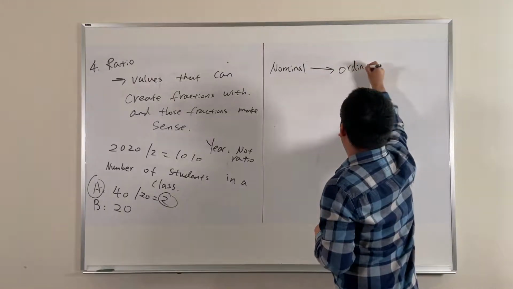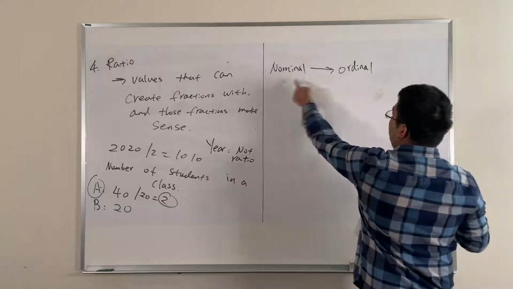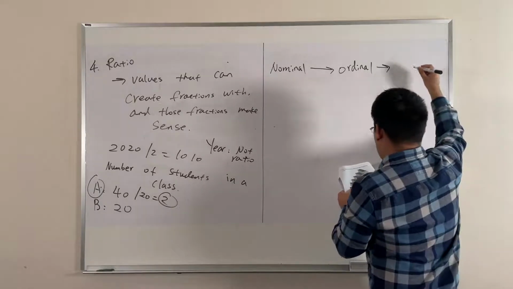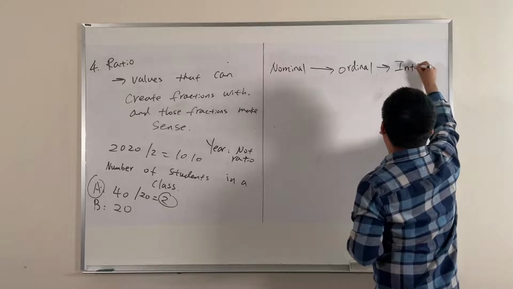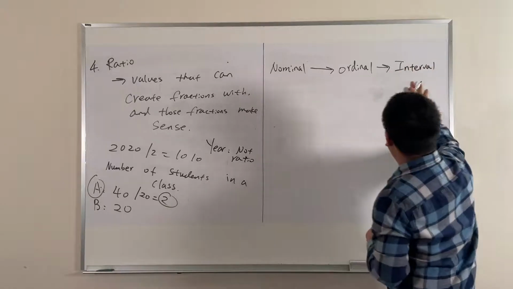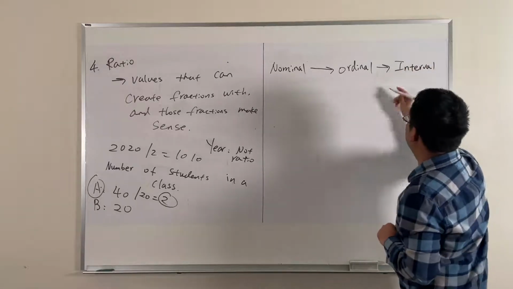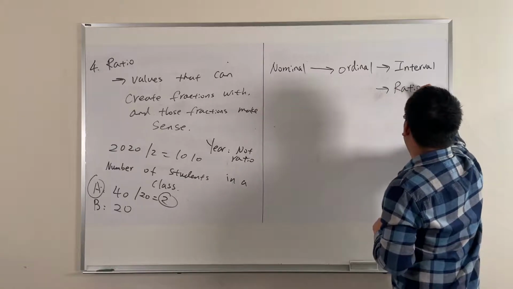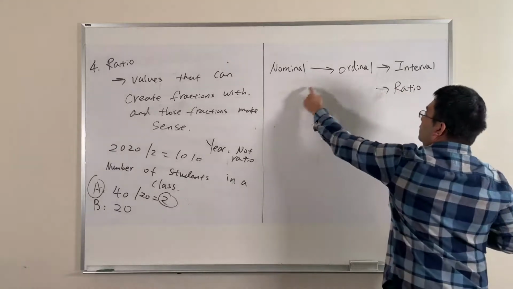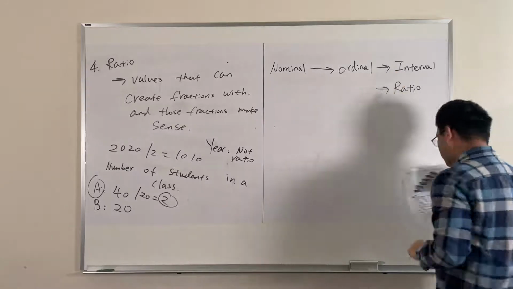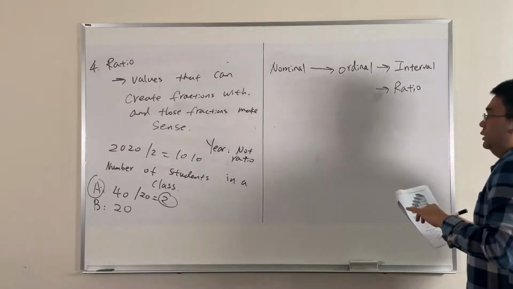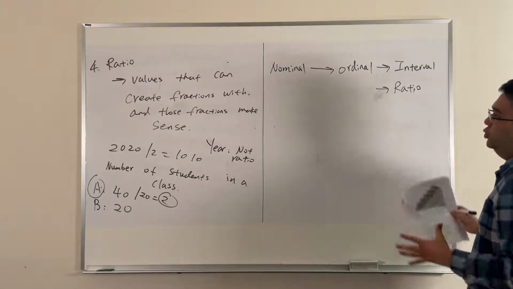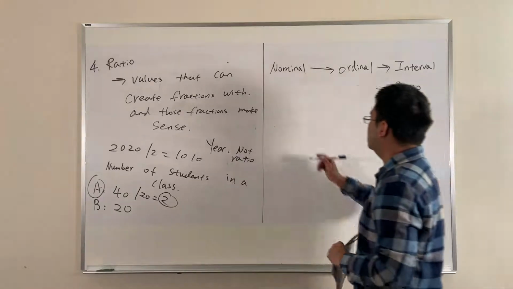If it's ordinal, then you check whether it's interval. If it's interval, then it's ordinal. Lastly, you check whether it's a ratio variable. So: nominal, ordinal, interval, and ratio. Okay, cool. I want to give you some more examples and show you how you can check them.